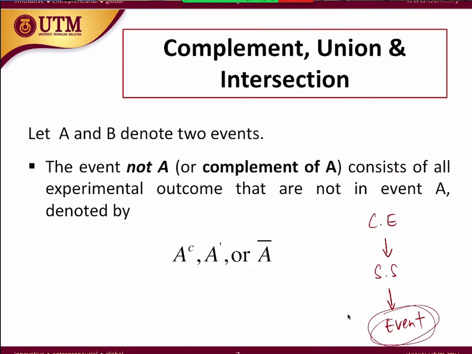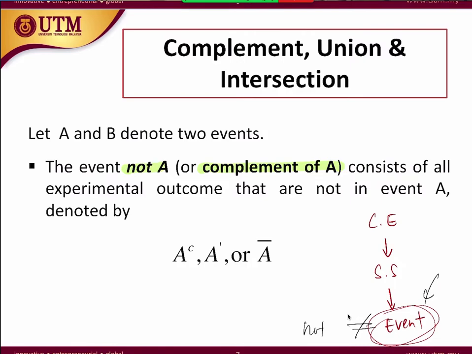The first one is the complement, or not. Complement means not: if you have a certain event that you are interested in, what are the chances of the event not happening? You might know the possibility of the event happening, so you will also be able to know the possibility if the event does not happen.